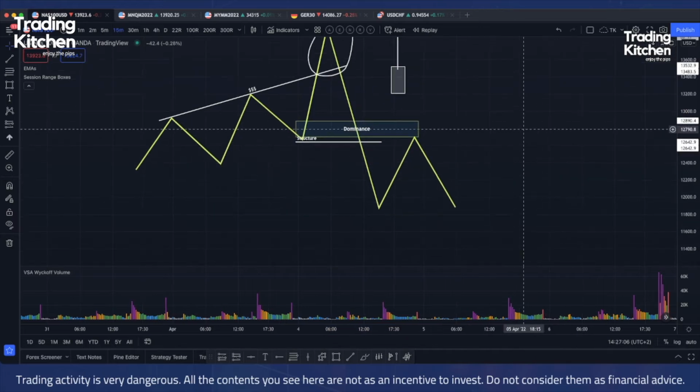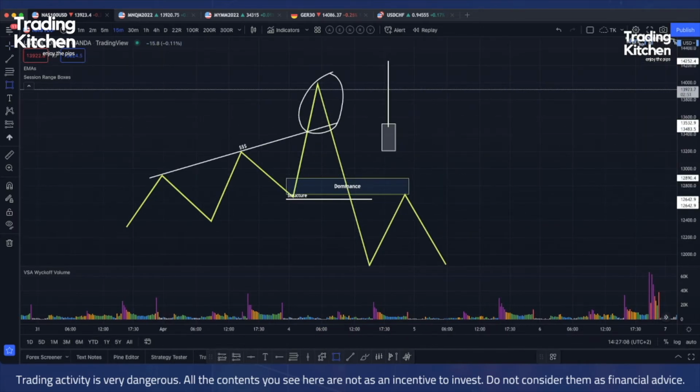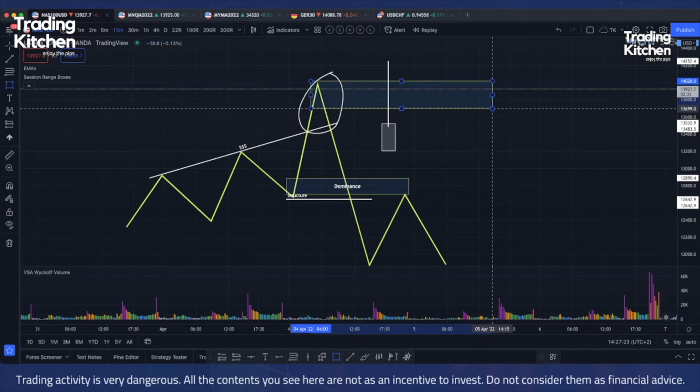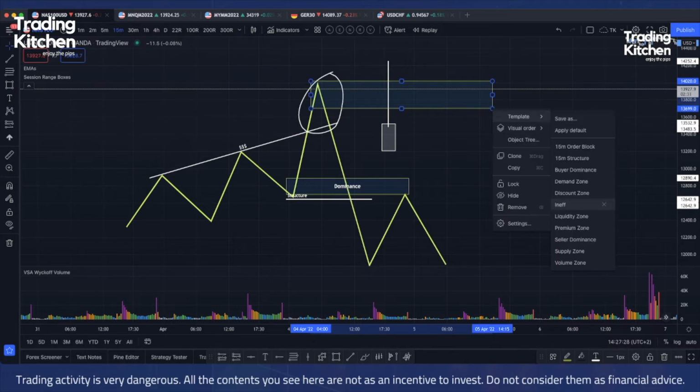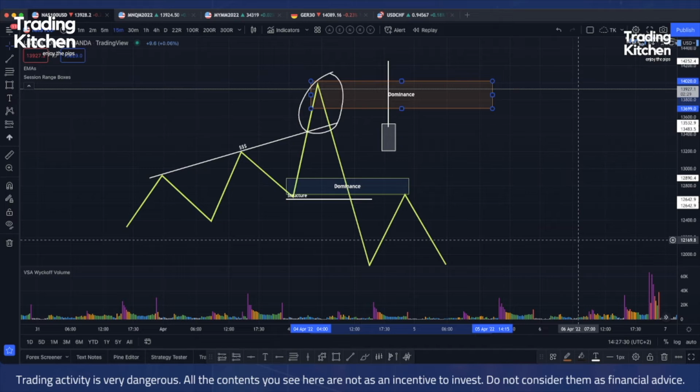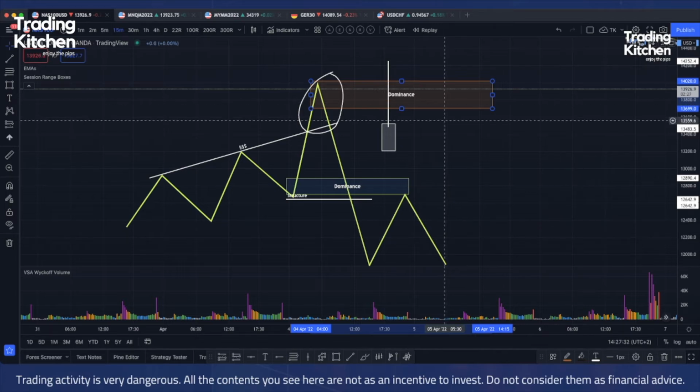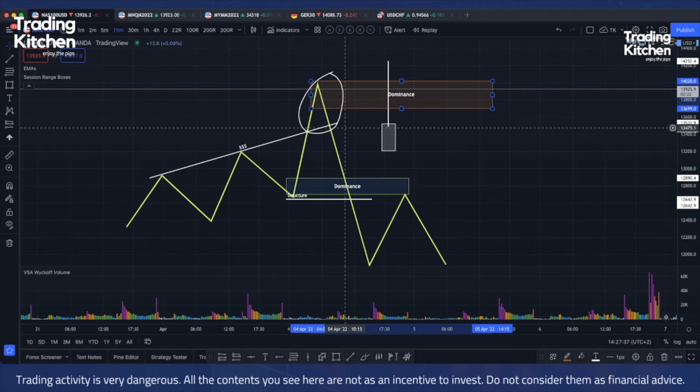But now when we see a strong rejection and price is closing below this structure, it means that finally buyers are no longer in control of the market, and now the market is on the seller's side. So this is a new seller dominance.